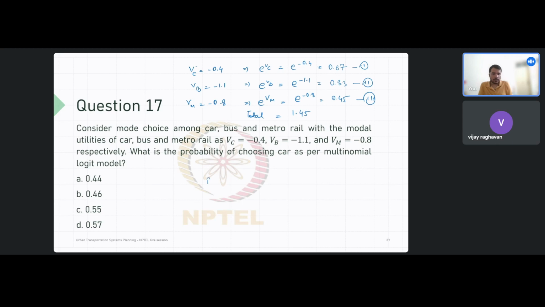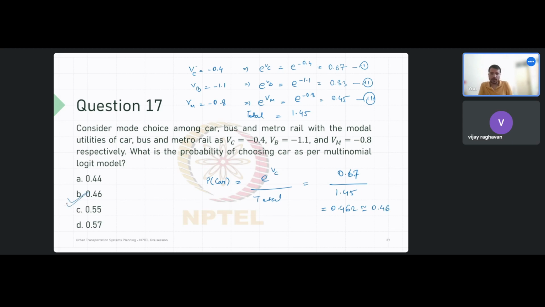So now we need to find probability of car. So it will be e power VC by total. So e power VC is 0.67 by 1.45. It is coming out as 0.462. So you can round it off as 0.46.